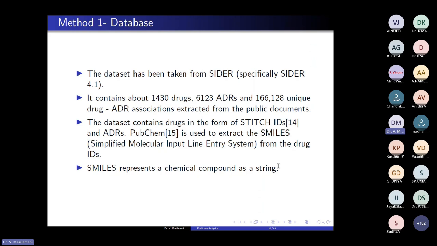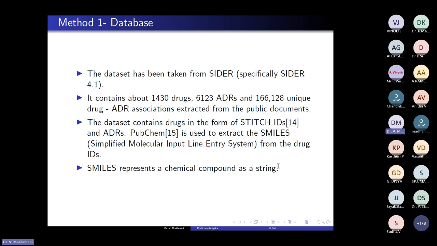Right. There is a database called the SIDER database, which is used by many researchers in this field. We also took that SIDER database, and there are many variants, and we took SIDER 4.1.